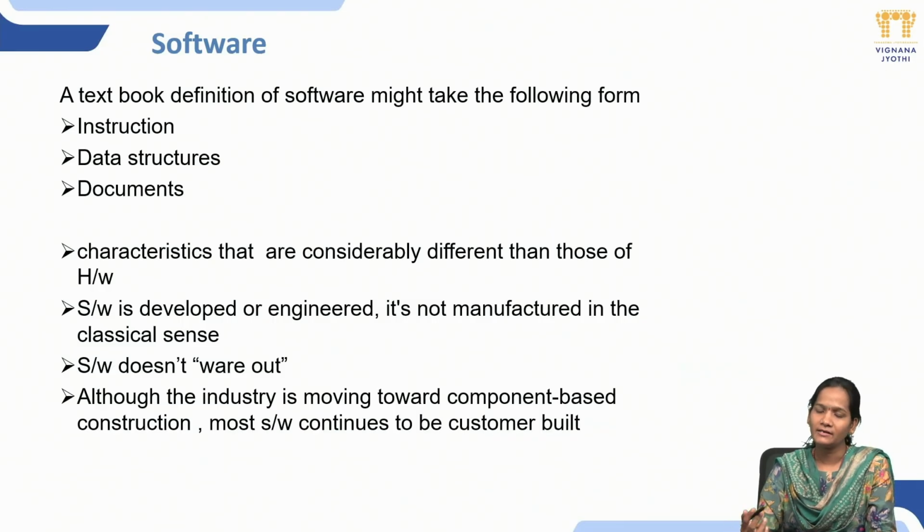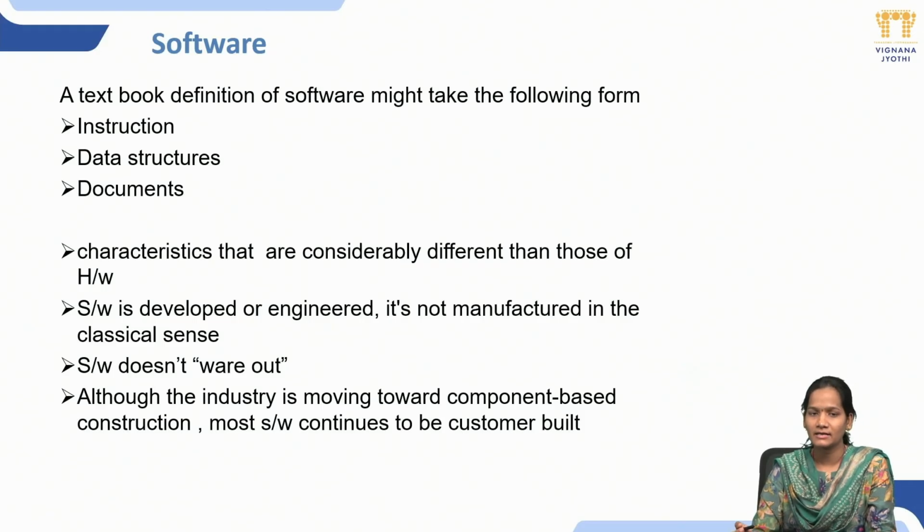That is the main classical sense of saying that software is developed. And software doesn't wear out. What is the meaning of doesn't wear out? There is no expiry date for software. That is the meaning of doesn't wear out. If there are any updates, then we update it, but there is no saying that there is an expiry date of the software.